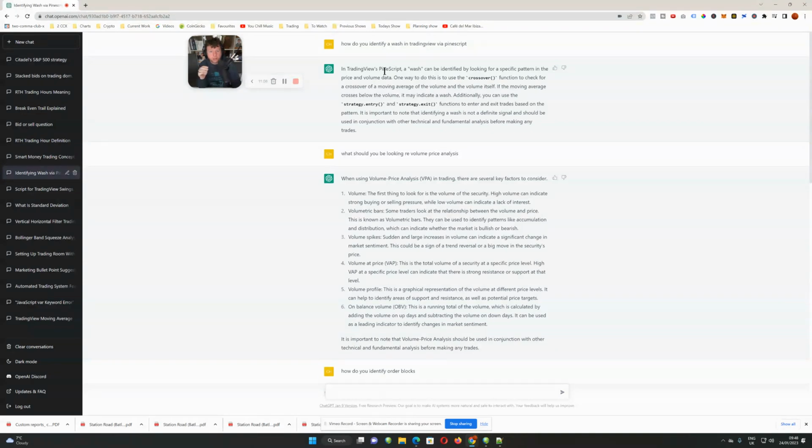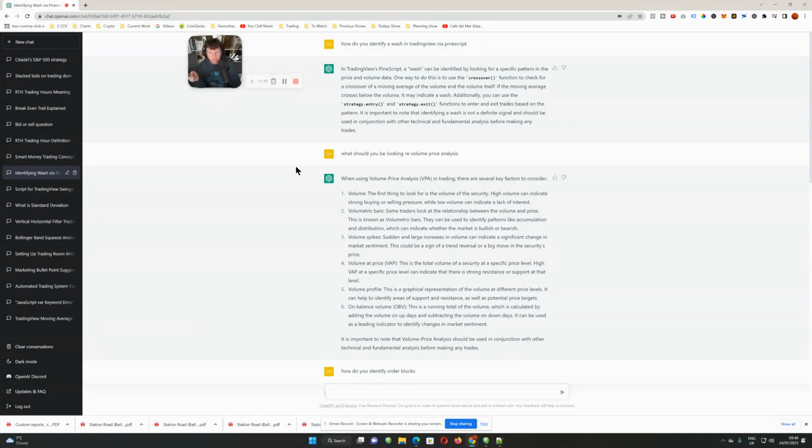So in TradingView in PineScript, a wash can be identified by looking for a specific pattern in price and volume data. One way to do this is to use the crossover function to check for a crossover in a moving average of the volume and the volume itself. If the moving average crosses below the volume, it may indicate a wash. So effectively what we're doing there is using a fast moving average and a slow moving average.